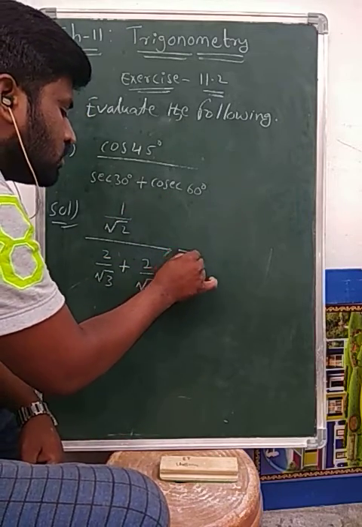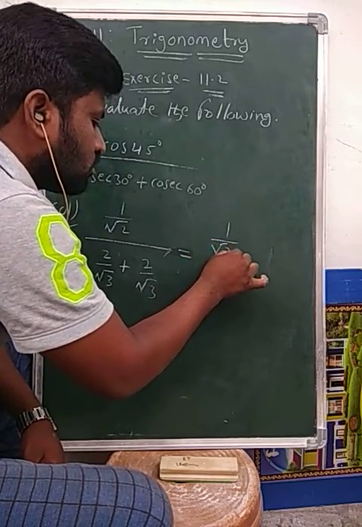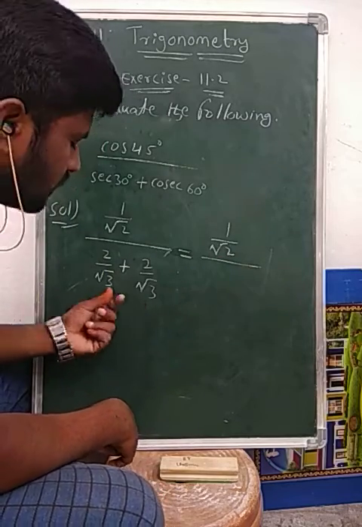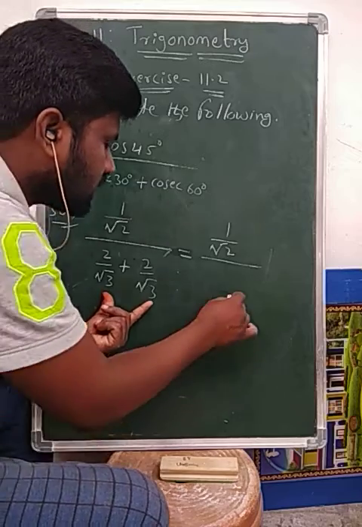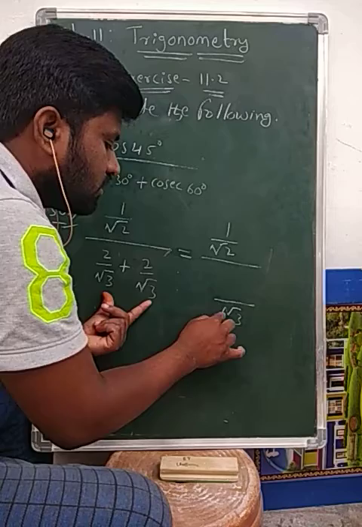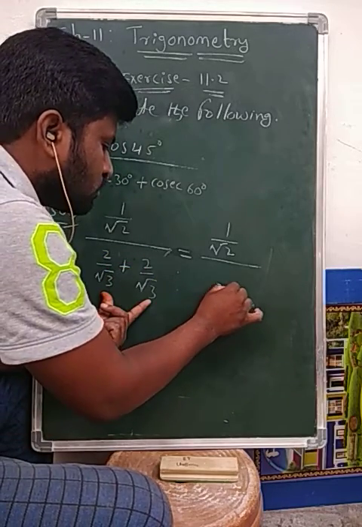So clearly for the numerator part, as usual I am writing 1 by root 2, and you just observe the denominator part, 2 by root 3 plus 2 by root 3. The common denominator is root 3. You just add the numerators, that is 2 plus 2.